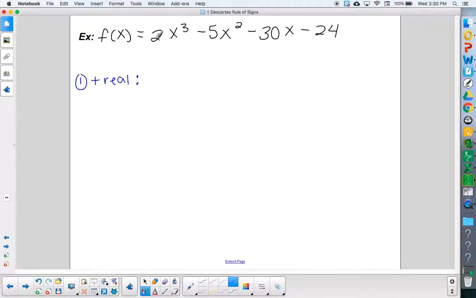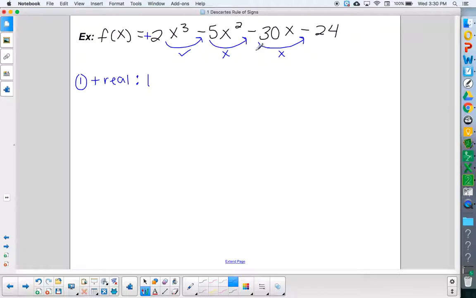So if we look here, we have a positive 2x cubed out front, and then if we go from this term to this term, we go positive to negative. So we have one sign change, and then we go negative, negative. So it stayed the same, so that's not a sign change. Negative, negative, not a sign change.